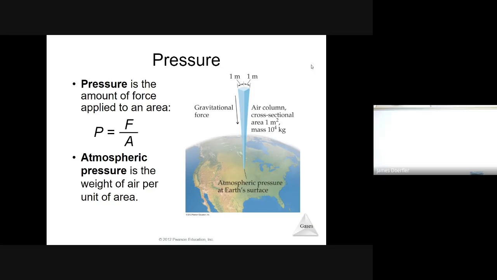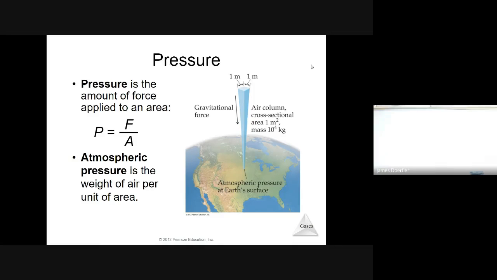Now, we're going to start off talking about pressure associated with gases. We experience atmospheric pressure on our bodies at all times. And we can calculate pressure, which is the amount of force applied to an area, by simply taking the force applied by the gas divided by the area over which it is applied. Now, if we think about atmospheric pressure, we think about it as a column of air.